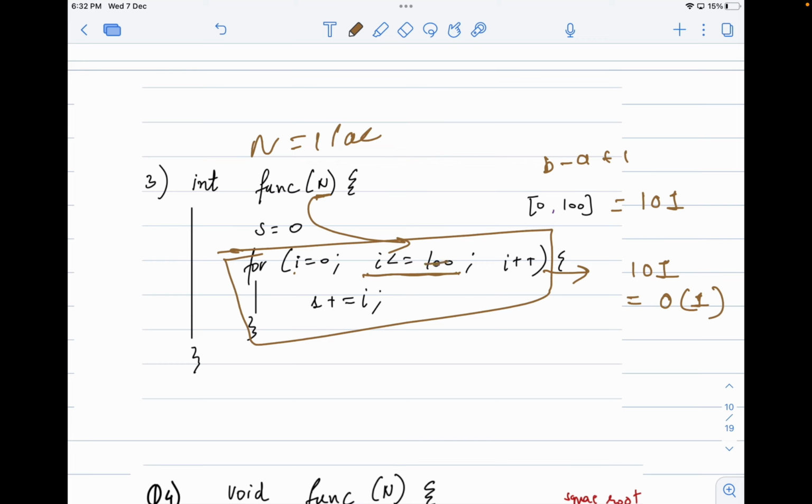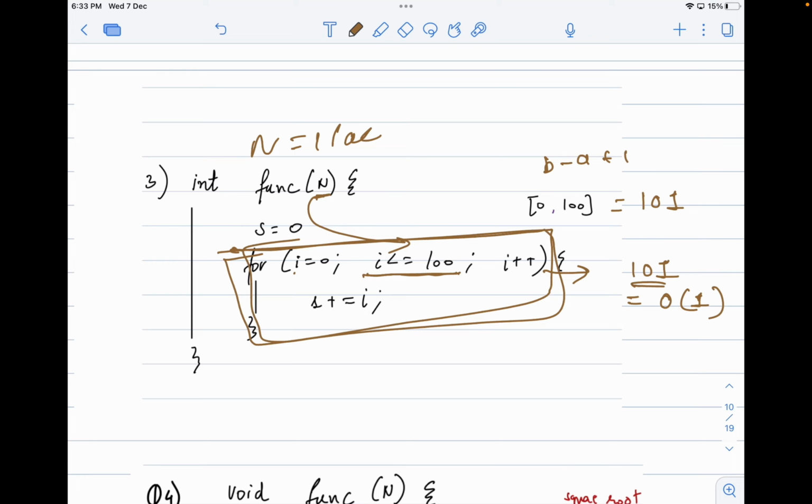Suppose it would have had n, then only we could say order of n is happening. But in this case, for each n the only iterations happening are 101.